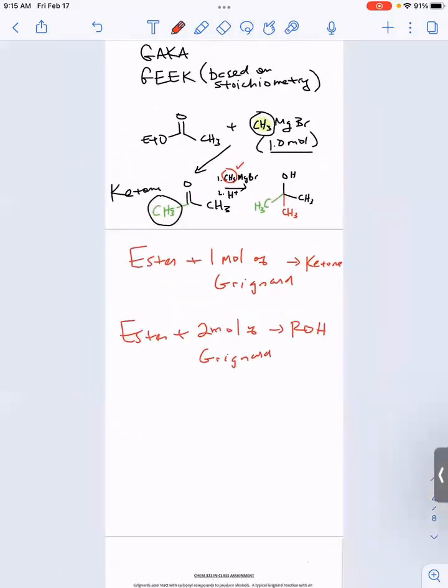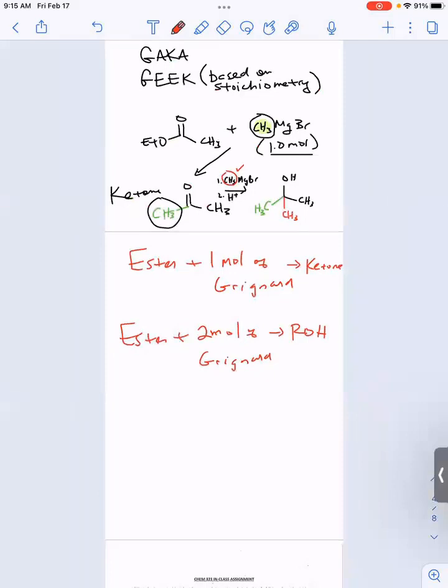So the outcome for the ester is different from a ketone or aldehyde, depending on the stoichiometry. If the ratio is 1-to-1, then I'll get a ketone out. If the ratio of Grignard to ester is 2-to-1, then I'll get out an alcohol, because that Grignard is going to keep attacking the carbonyl. Questions about that?